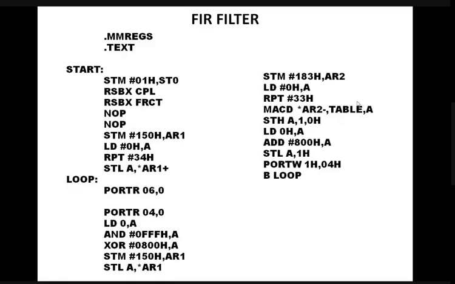With respect to our experience, if the table is 1 and 1, this code will do low pass filtering. If the table is 1 and minus 1, that is, the filter coefficients are 1 and minus 1, the same code will do high pass filtering. So the code remains the same, and the table has the filter coefficients, and the filter coefficients decide whether it is a low pass, high pass, band pass or band stop filter.